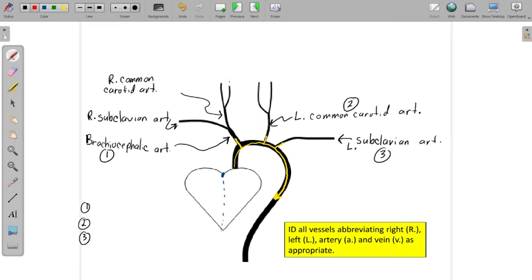So let's make these the right and left internal carotid arteries. Remember, they're going to the brain.